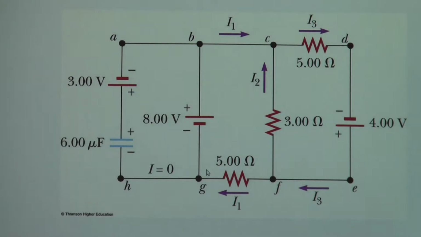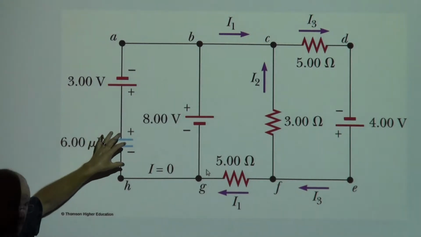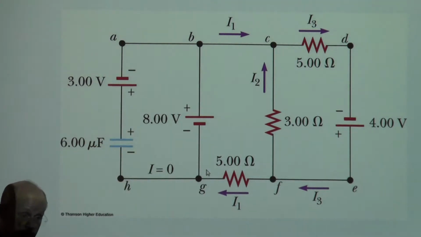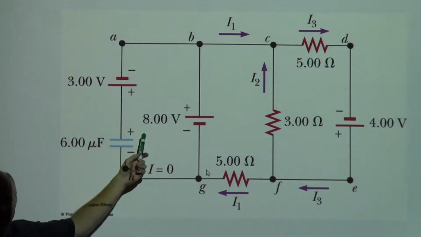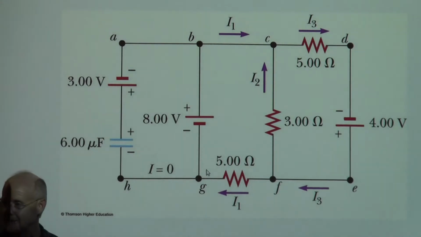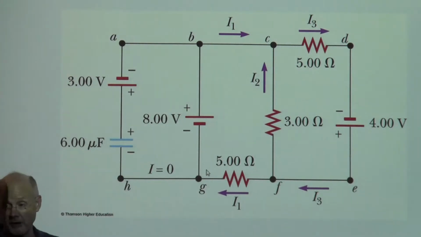Yeah, enough charge has built up on it that it essentially has whatever voltage is needed to now stop more current from flowing on. And that's going to make this problem a lot easier, because what are you going to say about this branch over here? What's the current over here? 0. Right? No fancy unknown current number 4 or 5 over here on the side.